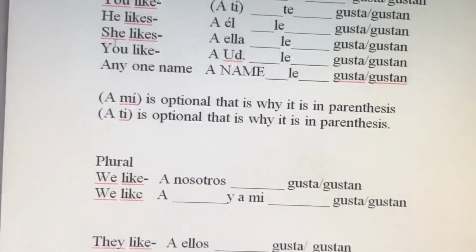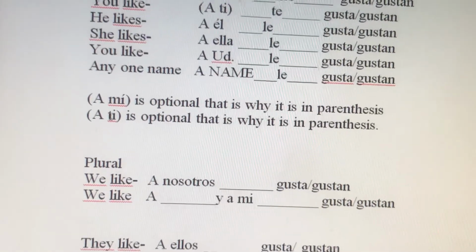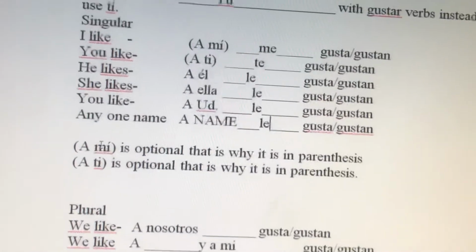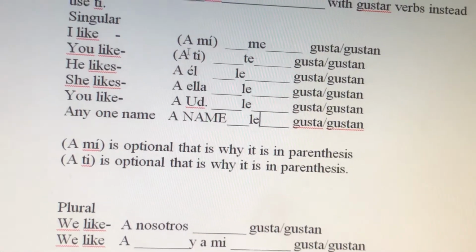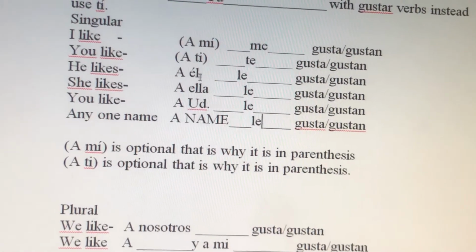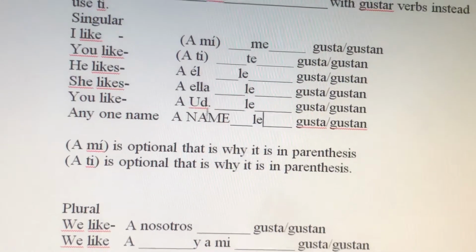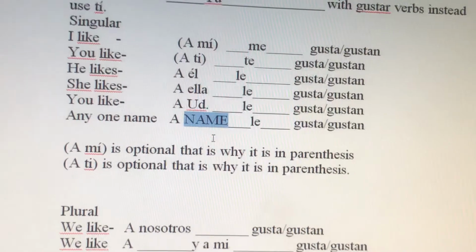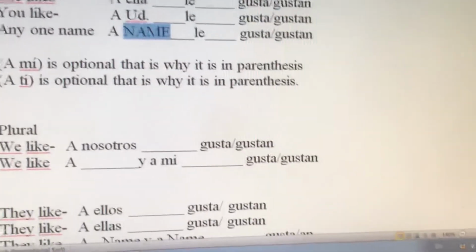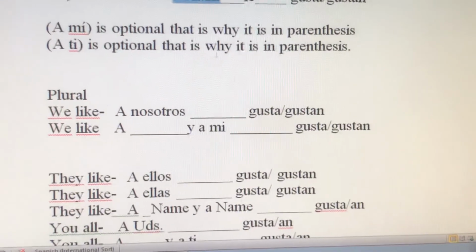Sorry. So a mí is optional and a ti is optional. Just so you know, that's why they're in parentheses, because the only thing that goes with a mí is me. The only thing that goes with a ti is te. But if you look here, see how le has so many options, and any name. I mean, there's an unlimited amount of names, like a Juan, a Paco, a Pablo, right? So a nosotros goes with nos.